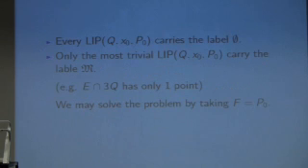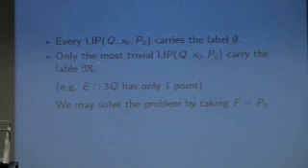All right. Now, every local interpolation problem carries the label empty set, because then our requirements are empty. For every alpha in the empty set, a certain polynomial belongs to gamma. Well, that's vacuously true.